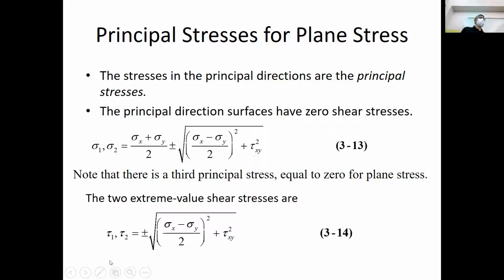They are equal in magnitude, but opposite in direction. So you see plus or minus. Remember, for tangential stresses, the sign does not mean anything except direction. But for a normal stress, positive is tensile, negative is compressive.